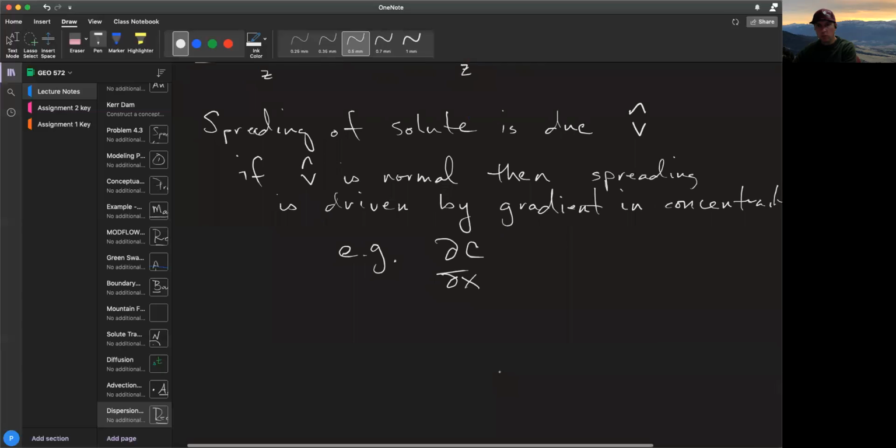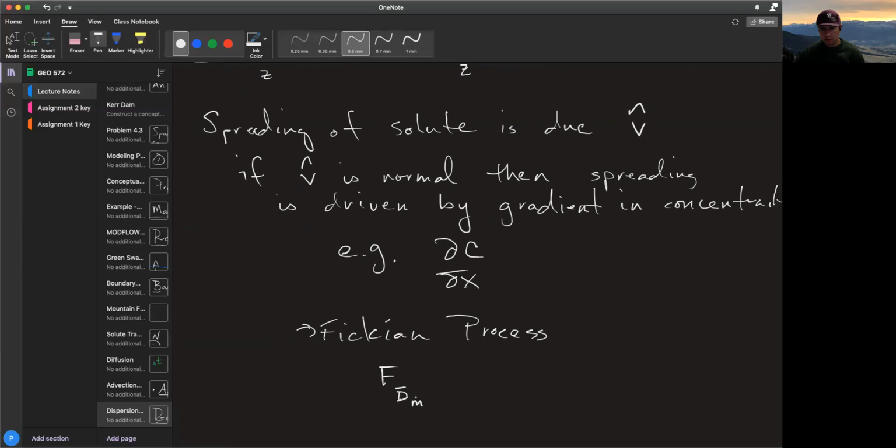And we call this a Fickian process. Which means that we might say we want to describe the flux due to dispersion, mechanical dispersion.